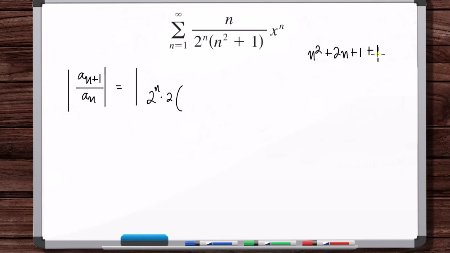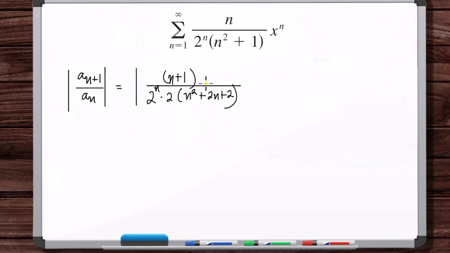So n squared plus 2n plus 2. Okay, and then n plus 1, and then x to the n times x. All right. Now you've got 2 to the n squared plus 1, and then n like that. And the absolute value.